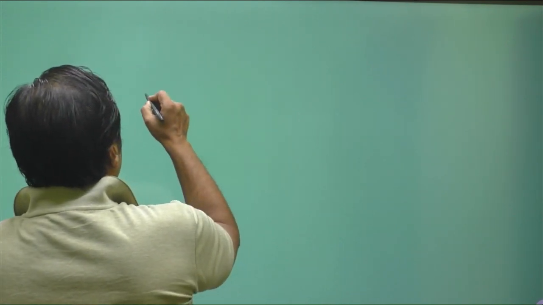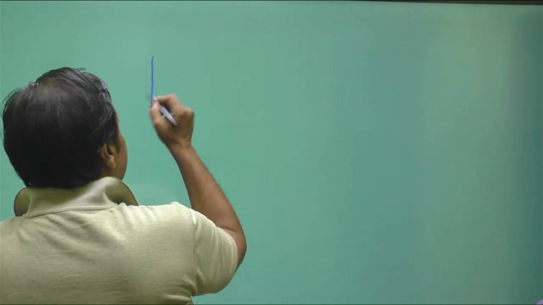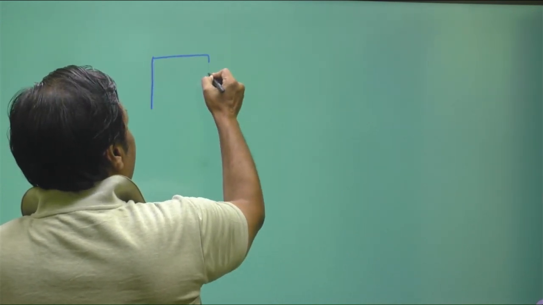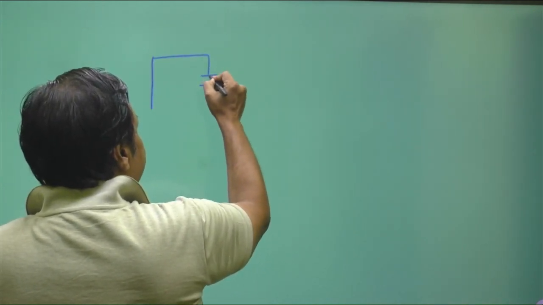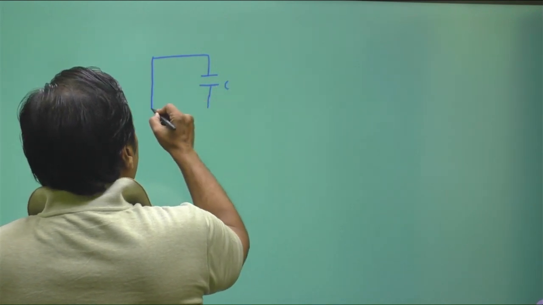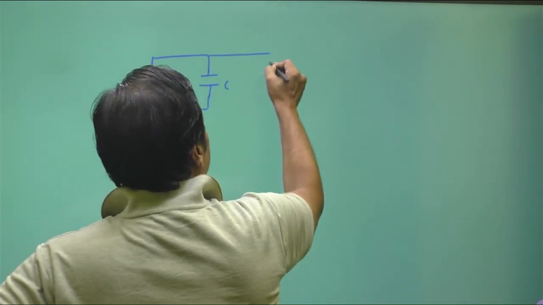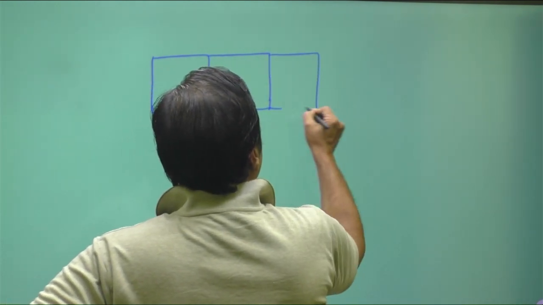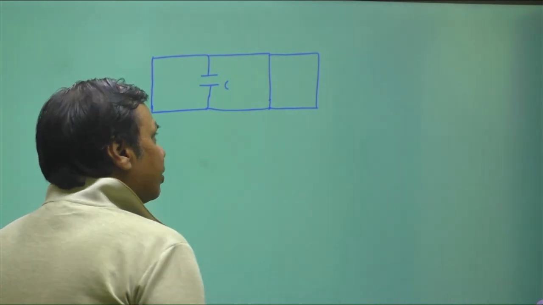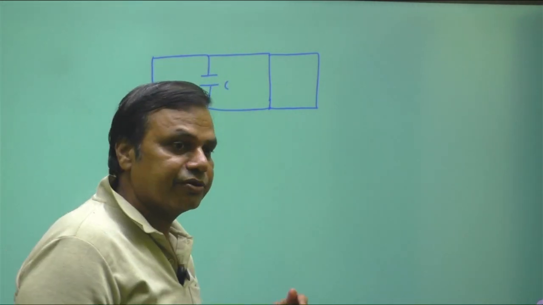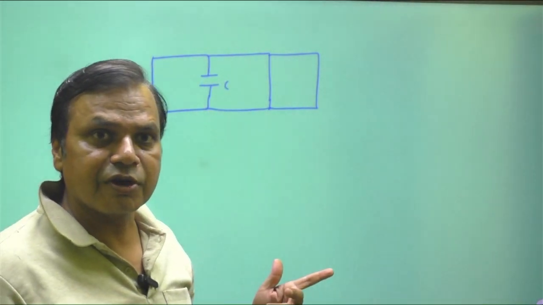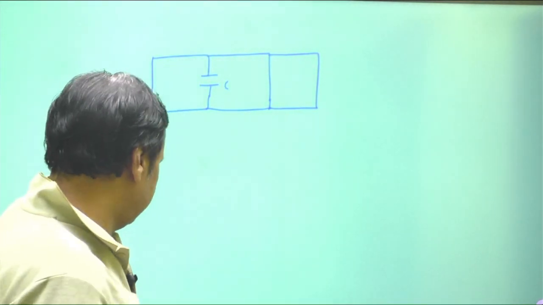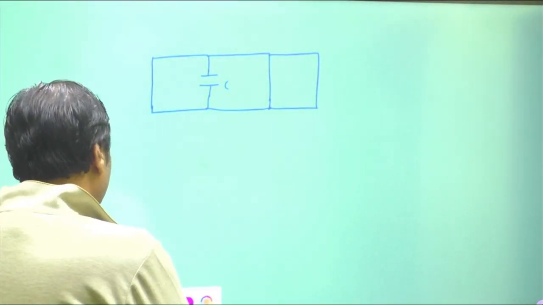Here is a wire and a capacitor here. There were three loops like this, and all are square, and each wire has resistance r. As you can remember, it was given in the problem.